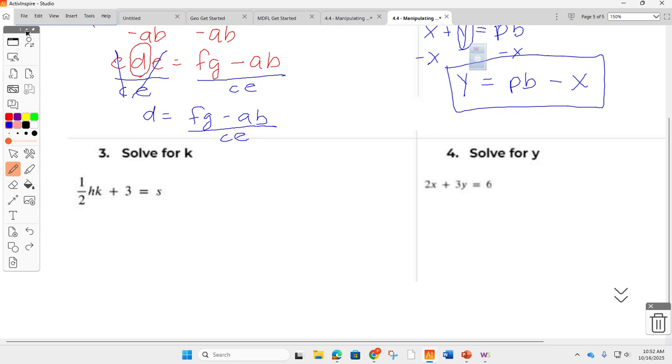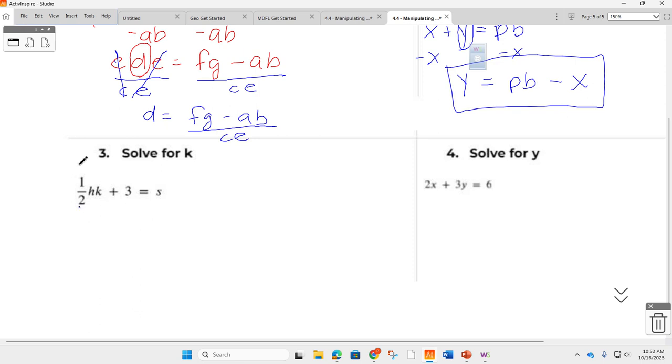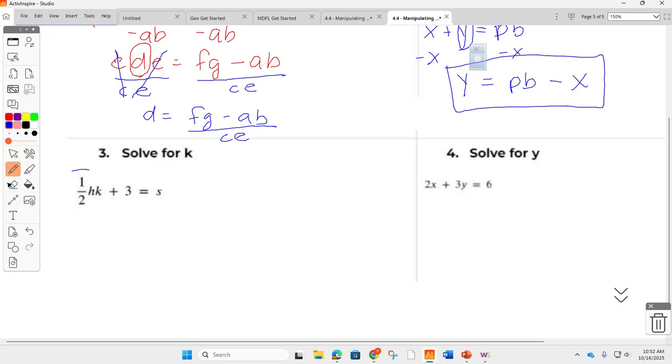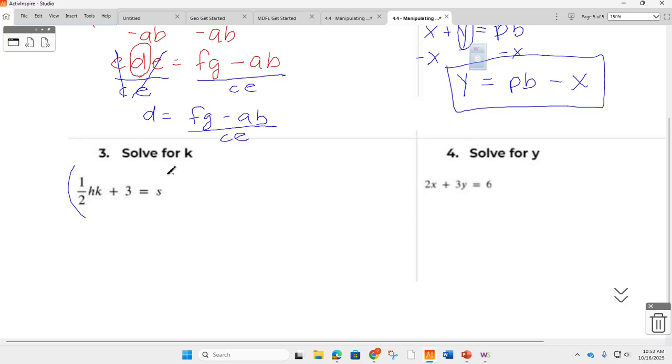If we kill the fraction first, it will look a little bit different when we multiply to get 1/2 away earlier. I don't like to work with fractions. We can go ahead and multiply by the reciprocal to get rid of this fraction.